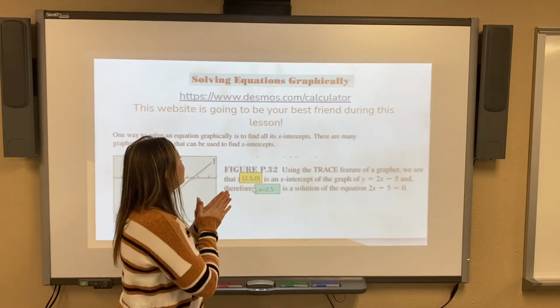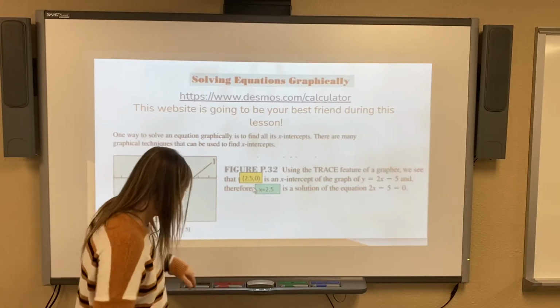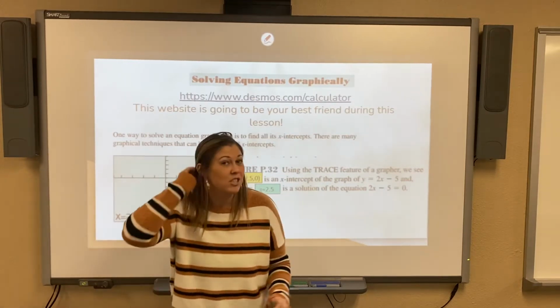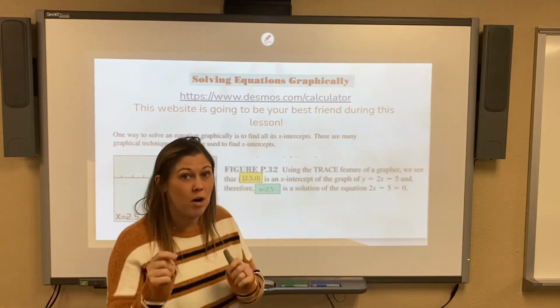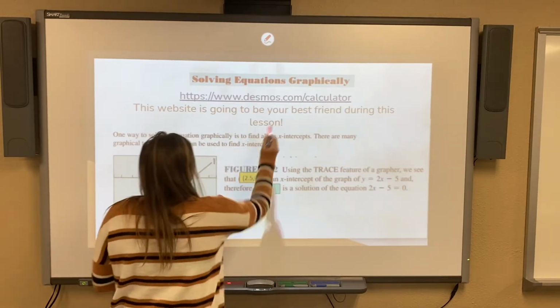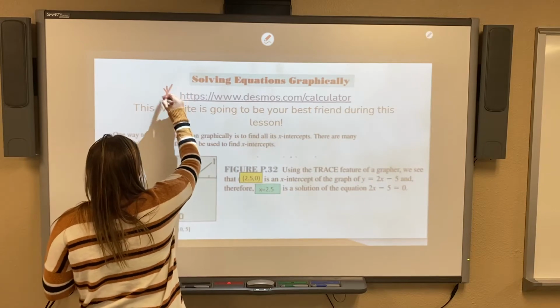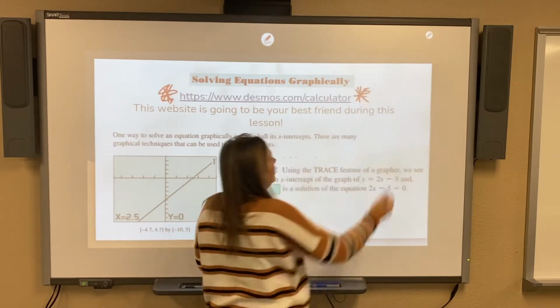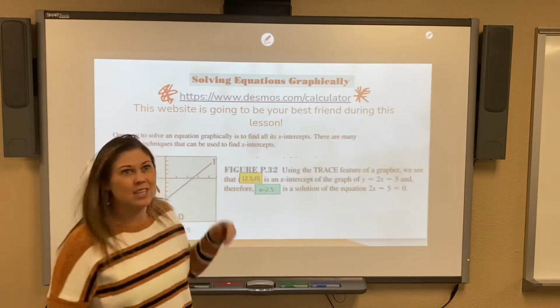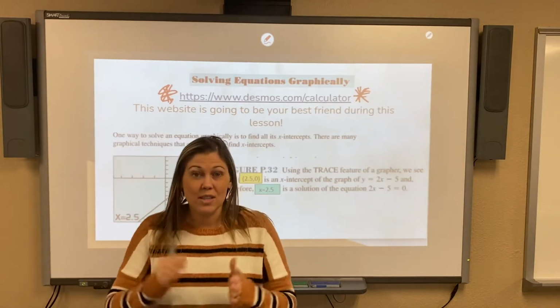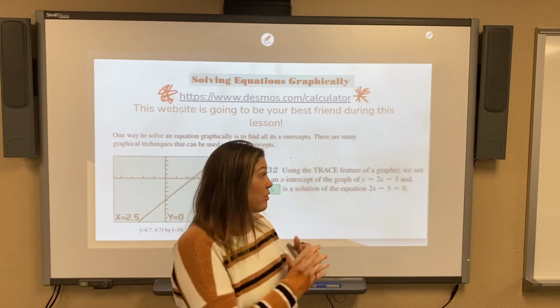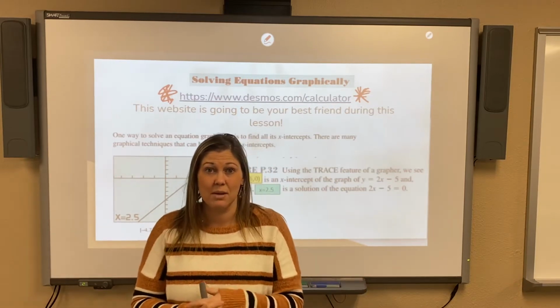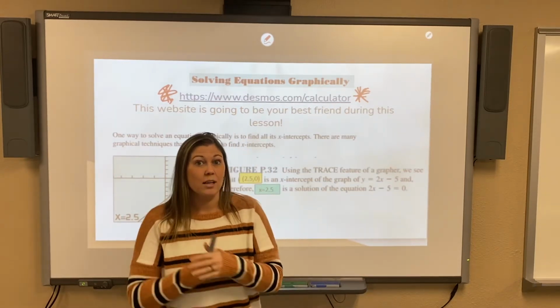So, solving equations graphically. My number one thing to start off with is Desmos.com/calculator, which is a resource in your Google Classroom. This is going to be your best friend this entire lesson, because over half of your questions on today's assignment are to solve by graphing.